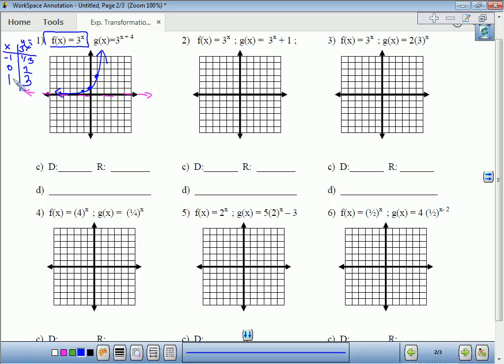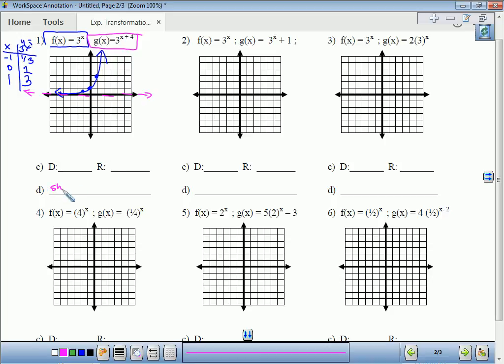Okay, so this is what you worked on a good bit in 9th grade. And then what we did was we said, okay, let's take this idea and let's shift it. How would this function change this one? What's different? Left 4.